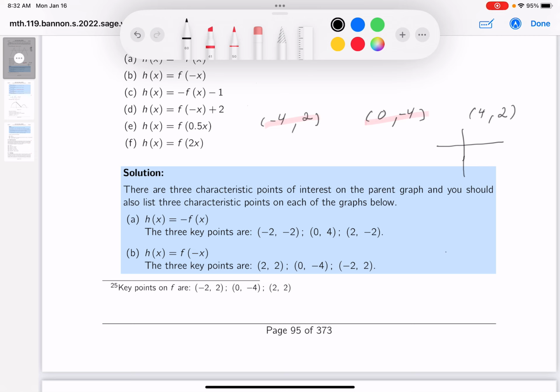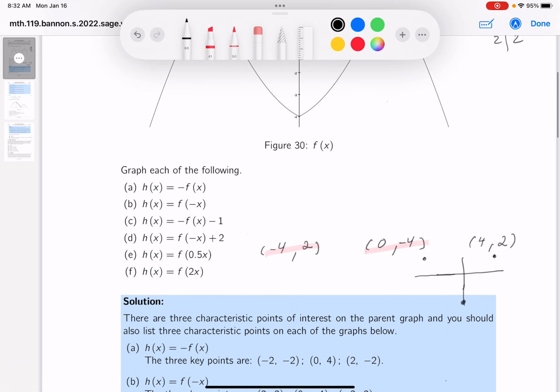What's that look like? Well, I'm going to put minus 4 down here. I'm just kind of ballparking it. And then 4, 2. I'm going to say over here somewhere. And then minus 4, 2 over here somewhere. So I want to get a feel for it. Again, get a feel for it. Look at the parent. What does it look like? Something like this. Okay, that's done.